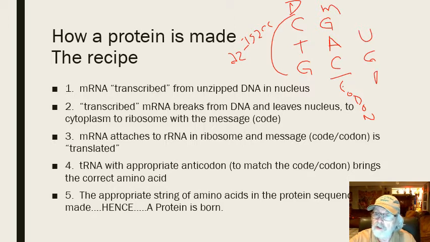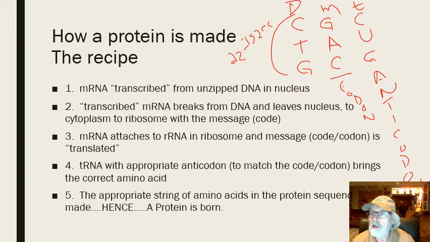That's the anticodon. My transfer RNA keeps on going away. And as a result, that's specific for amino acid Isaac. Okay, that's how we make it.